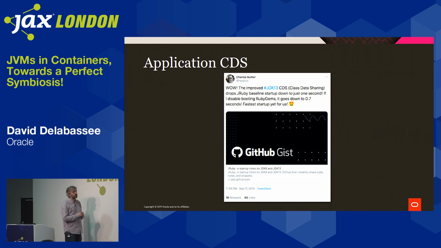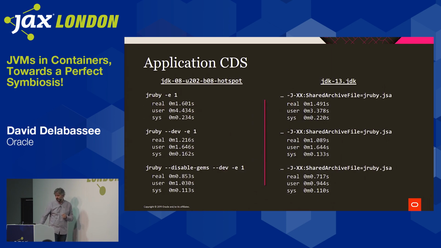Now, I showed you a very good example of CDS through the demo, but that was a very basic example. So obviously, the benefits were very obvious. So don't take my word for it. This is a tweet from Charles Nutter, the JRuby project lead, from two weeks ago, where he was praising CDS from Java 13. These are the numbers that he published.